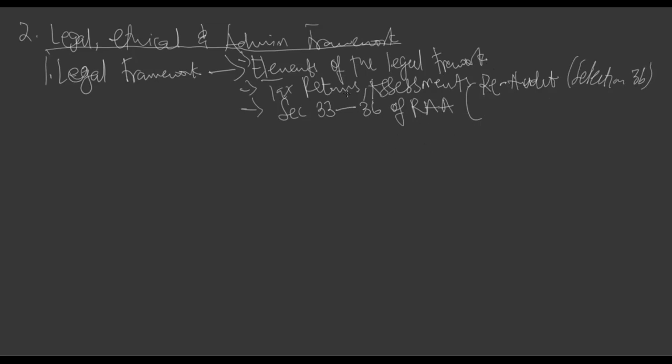Then from there, you look at access to books and records, access to premises, and notice to obtain information from the taxpayer. These are areas that specifically relate to a tax audit.